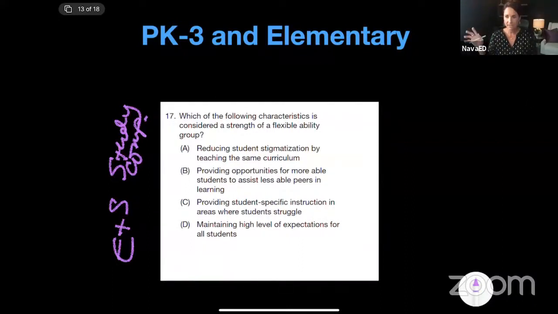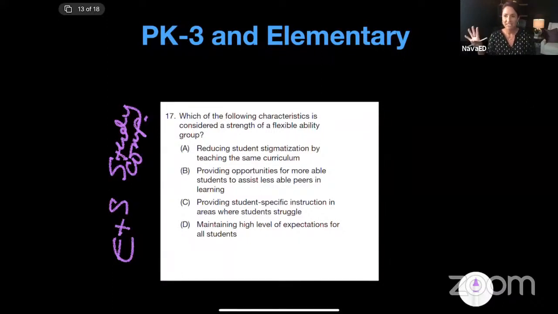This is a hard one because there are two areas of good words. I like this question because it'll bring up a lot of things.